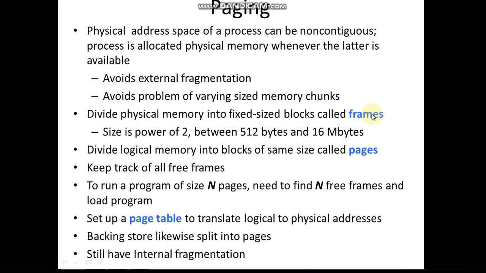So both frames and pages have the same size. To run a program of size n pages, we need to find n free frames and load the program. For that we need to set up a page table also. But it still has the problem of internal fragmentation, which we will look into in detail further.